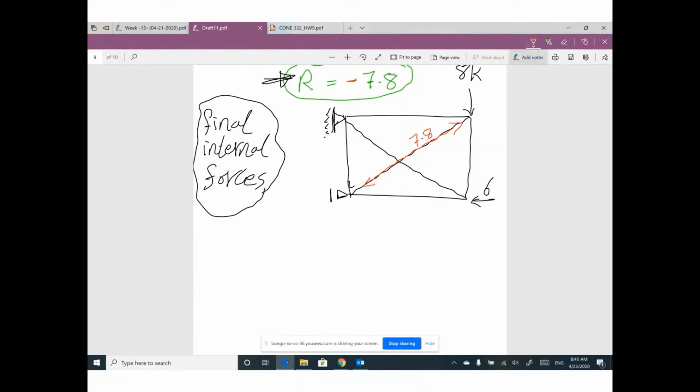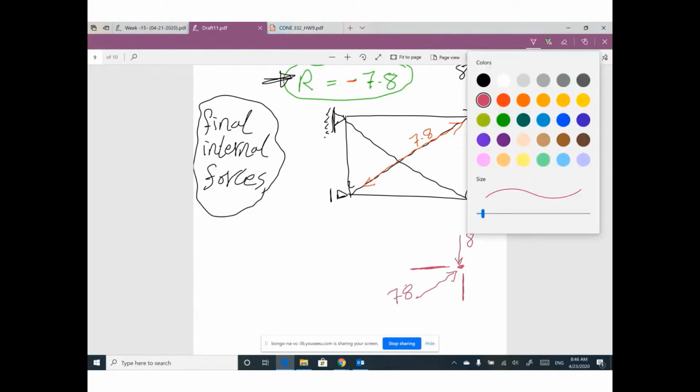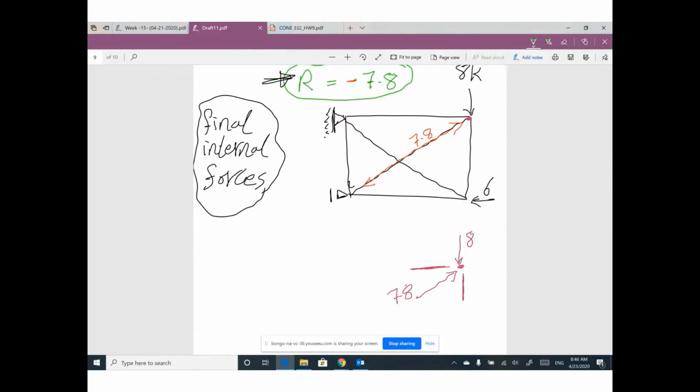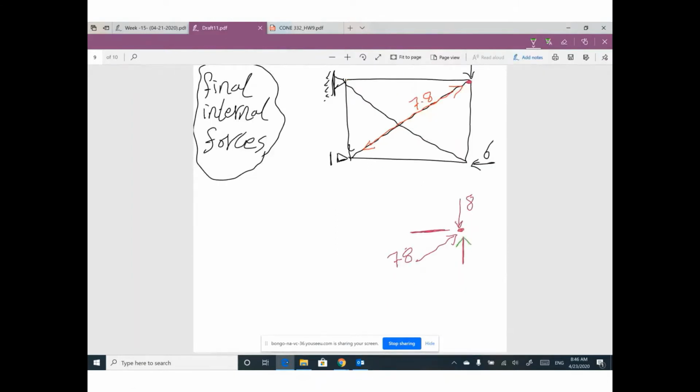Okay, go ahead. At this moment, I can make an equilibrium here for this joint, for example. We have a horizontal member. We have a vertical member. We have an inclined force with 7.8. I believe I can solve for this joint equilibrium because we have only two unknown members.